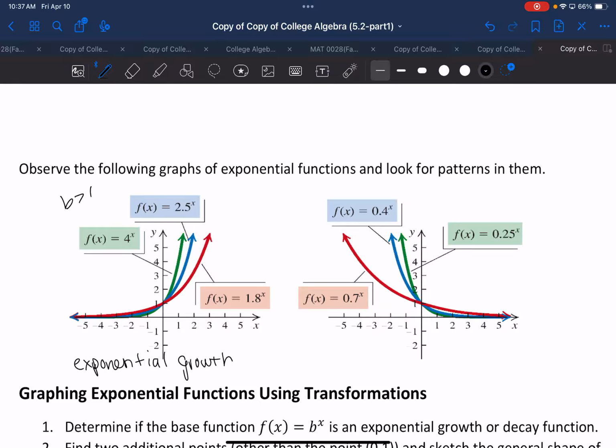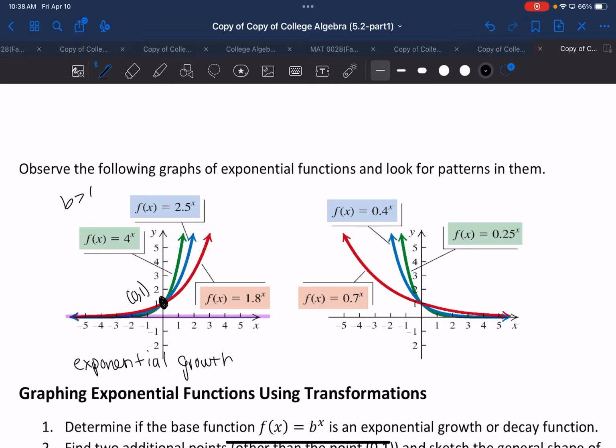So all of these graphs here are going through the point 0, 1, and they all have a horizontal asymptote of y equals 0. But of course, some of the points are going to change because they have a different base, so that's why they're kind of spreading out on some of them. But those other two properties, well, three properties, the shape, whether it's increasing or decreasing, the 0, 1, and the horizontal asymptote, they will always be the same.